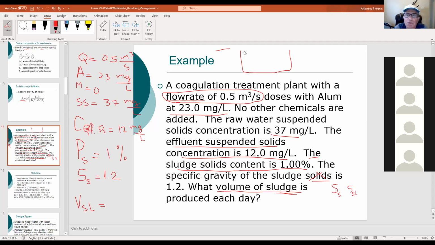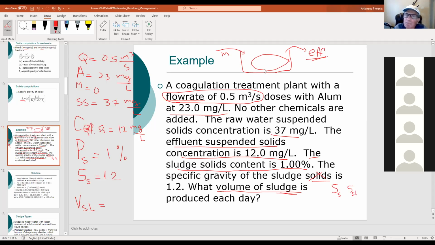This is gonna come to the clarifier, and something gonna be removed in the effluent. So let's calculate what is removed in the effluent, right? This is what's gonna accumulate here.